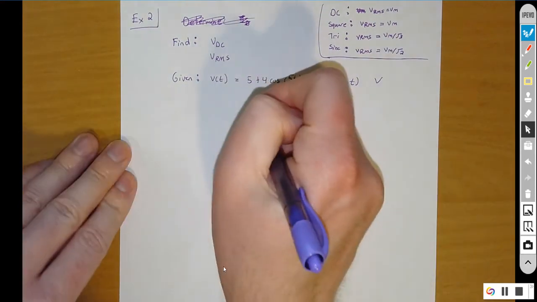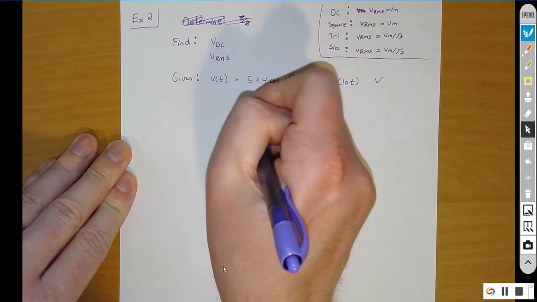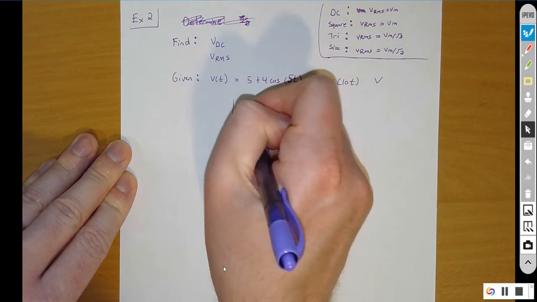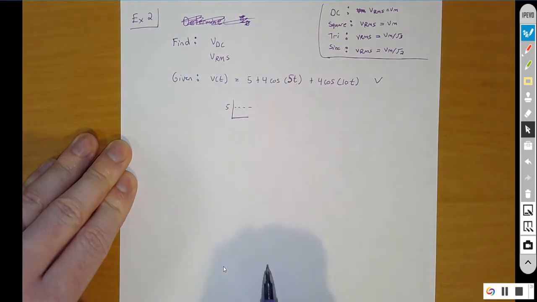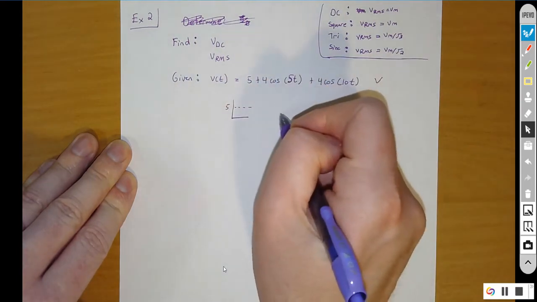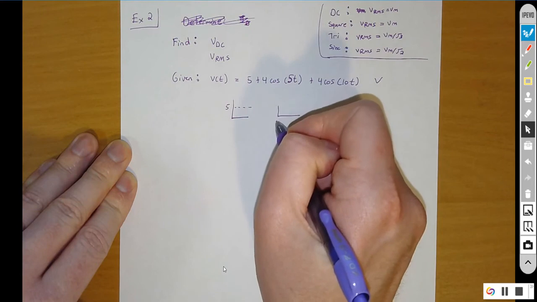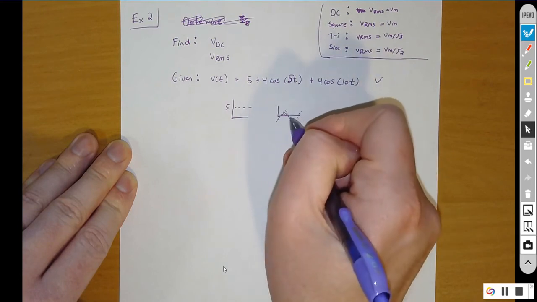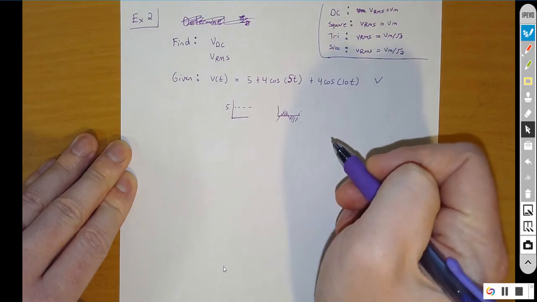So think about it this way. This 5 volts, if I draw each piece, is up here at 5. This cosine function is going to oscillate above and below 0. It'll have some area above, some area below, but it'll average out to 0.